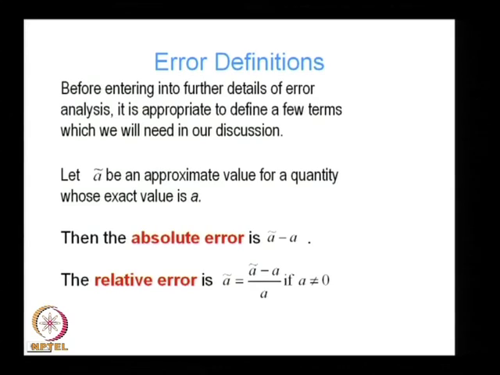So, the absolute error is just the numerical solution A tilde minus the true solution A, while the relative error is the numerical solution A tilde minus the true solution A divided by the true solution A, assuming of course that the true solution is not equal to 0.